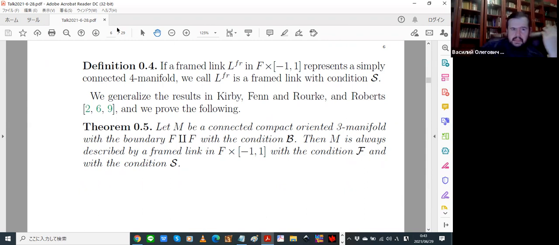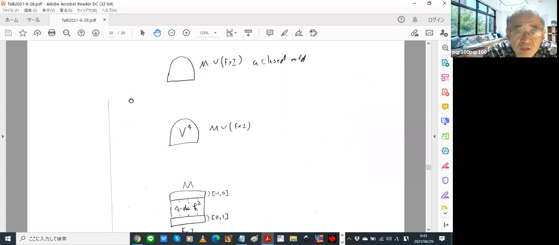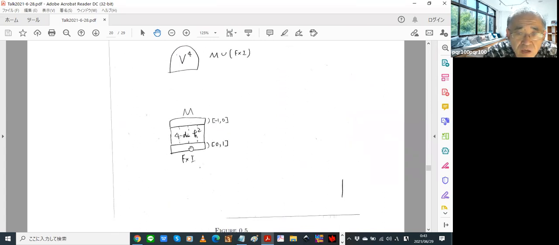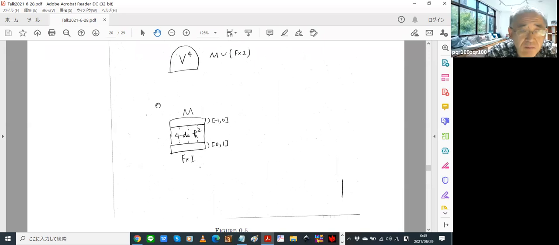What is the definition of a framed link? A little conceptual figure, but F cross I. This is a band.